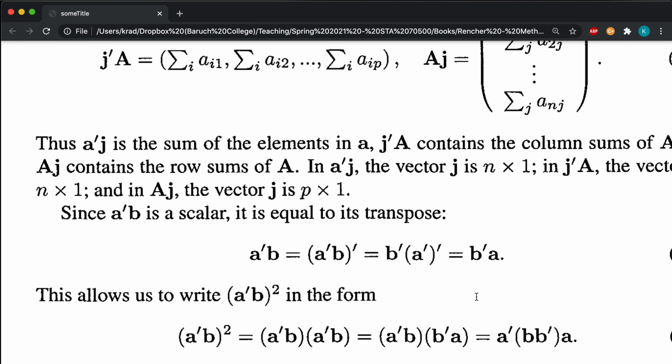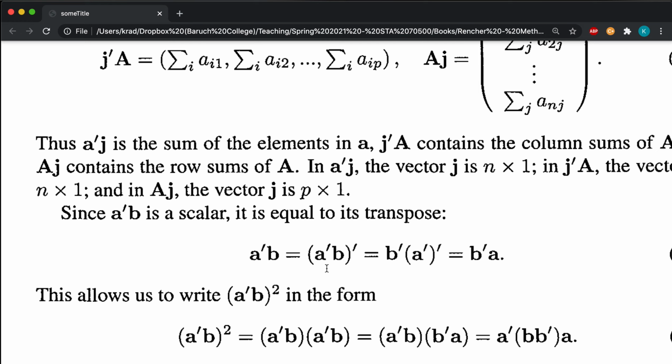Now, something just to get a little bit warmed up that is also good to practice is to look at what A transpose B squared is. So A transpose B transpose is B transpose times the transpose of A transpose. What is the transpose of A transpose?